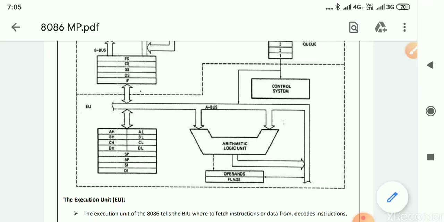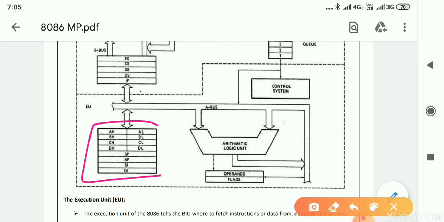Register organization is also part of the execution unit, because you need to put all the instructions into the registers to execute them or to perform the arithmetic and logical operations. Whatever data you fetch from the memory, you will put into the register organization. Okay, so this part is the registers of the 8086 microprocessor. This is the ALU, this is the control unit.